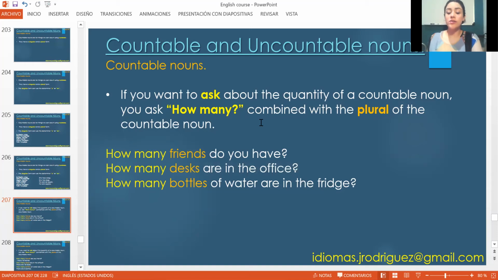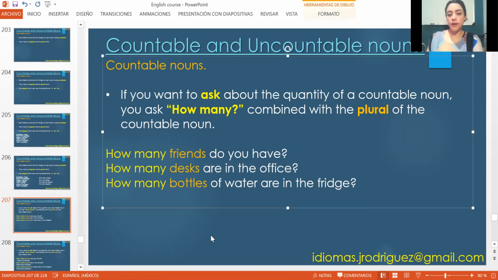Quiero saber cuántos escritorios hay en la oficina. Y el next, how many bottles of water are in the fridge? Uso how many más el plural de bottle, that is bottles. Okay?